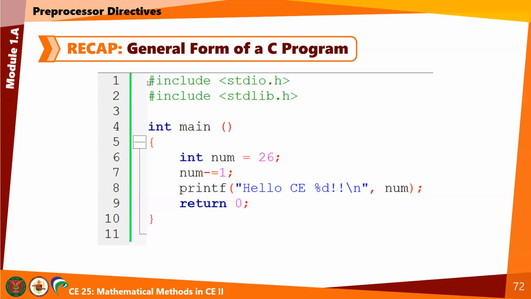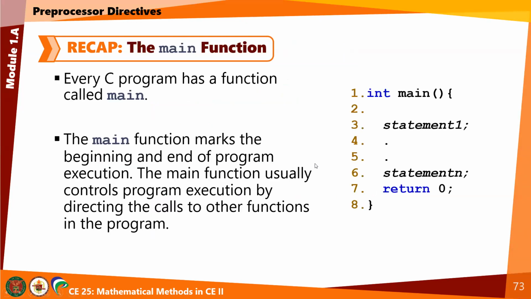Ayan. So, repeat ko lang, yung hashtag include, kinakopy niya yung code doon sa file and then paste it on top of your code. Okay? And then now you can use printf. We also discussed this, ayan, main function, where you have all your statements.